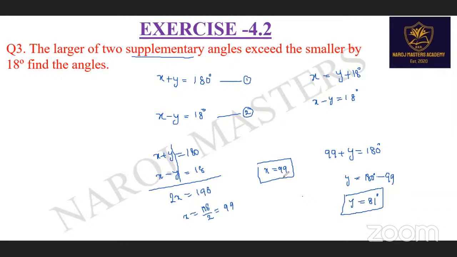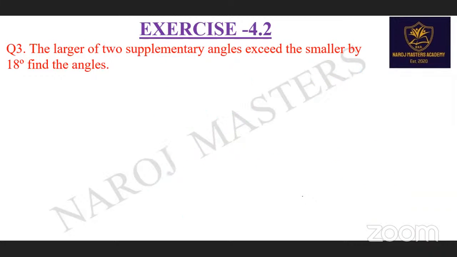So what are the supplementary angles here? 99 and 81. What is the difference between these two? 18 degrees. So it is given clearly in the question that the larger angle exceeds its smaller angle by 18 degrees. So the angles are 99 degrees and 81 degrees. Look at the next problem.